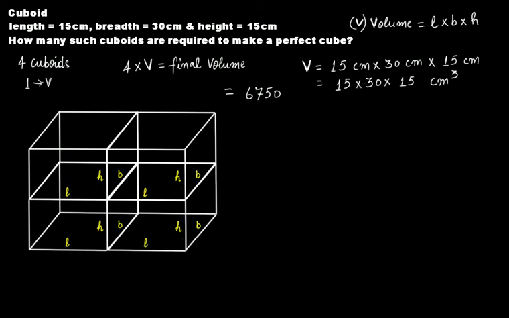Okay, so here your V, if you do the prime factorization, becomes 3 times 5, that is this 15. Then the prime factorization of 30 will be 2 times 15, so 3 times 5, and the prime factorization of 15 is again 3 times 5 centimeter cube.